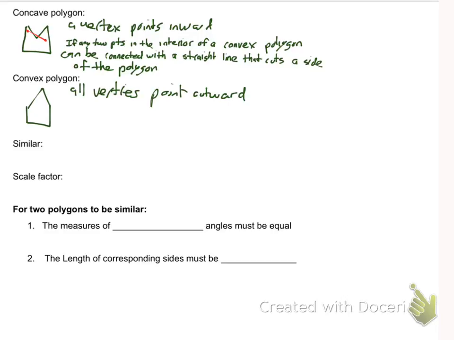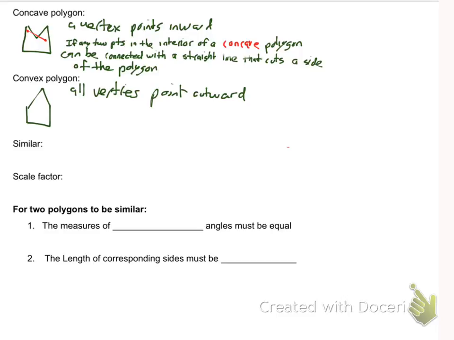So therefore, that is not convex, it's concave. Okay, correction. This is any 2 points on the interior of a concave polygon can be connected to a straight line that cuts the side, okay? Versus a convex would be it does not leave the inside, it always stays on the inside.